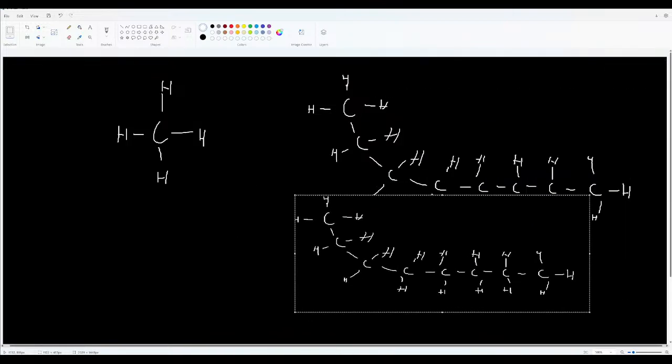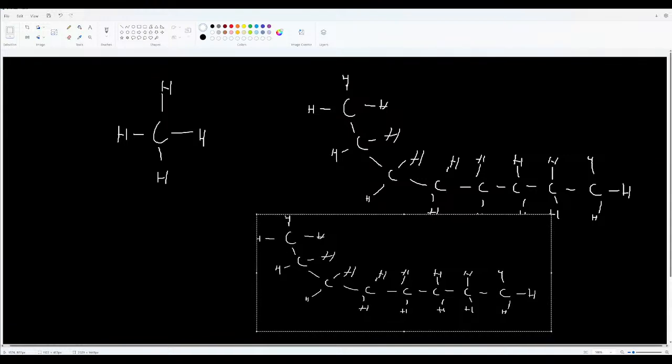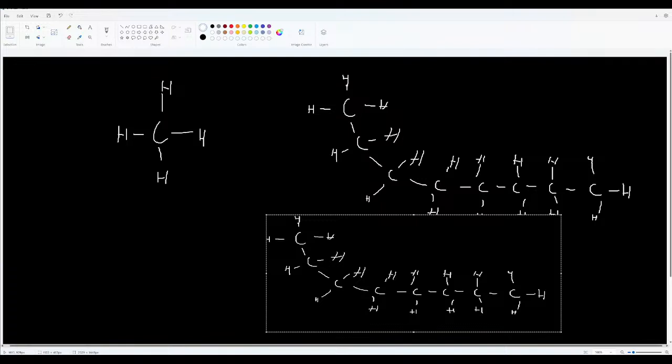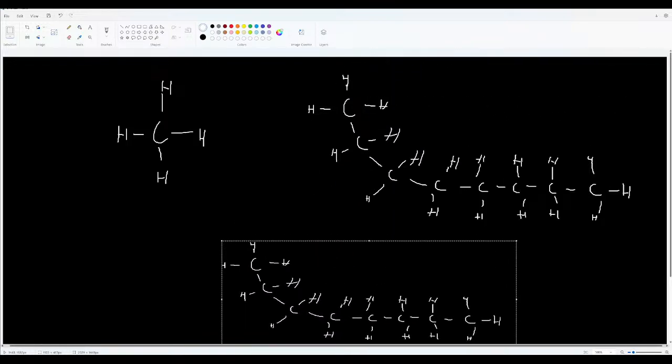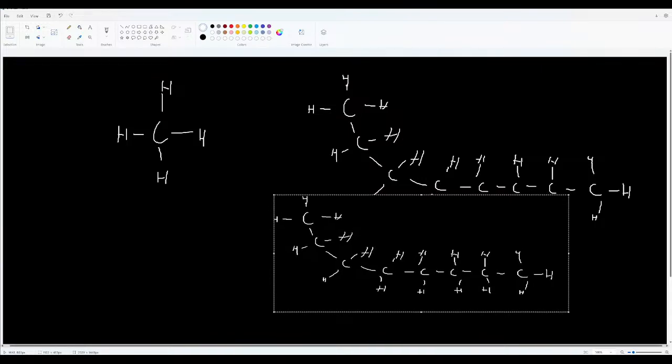If these molecules interact with each other, it's going to be a much larger interaction than methane was. So that's why octane is liquid at room temperature, and methane is gas at room temperature, right? Just because it has more chances for those van der Waals forces, just for that very slight, very instant electrostatic attraction that happens between the two molecules, right?